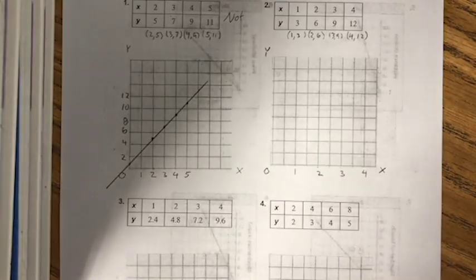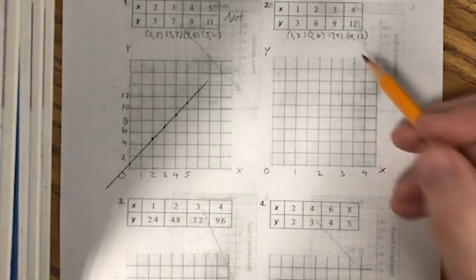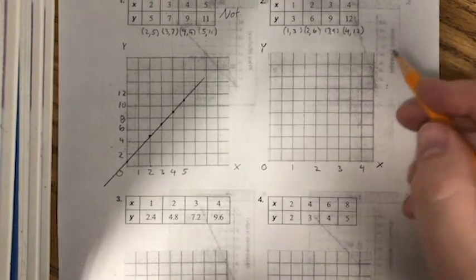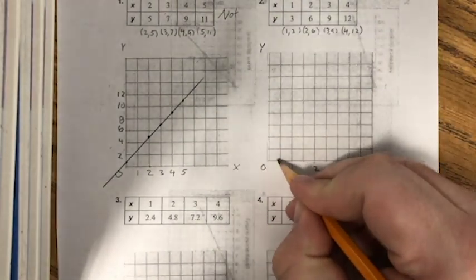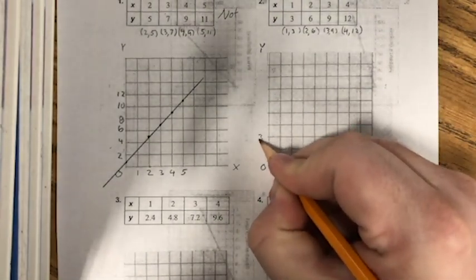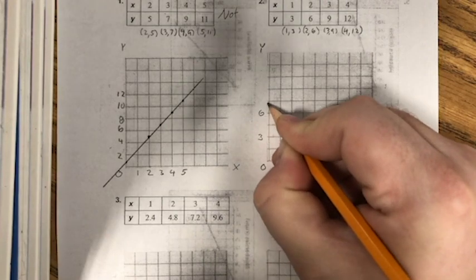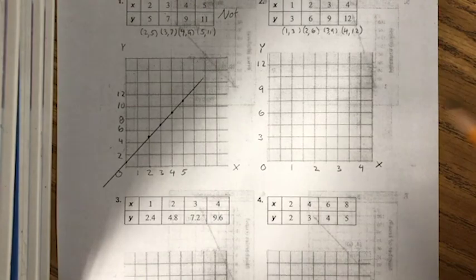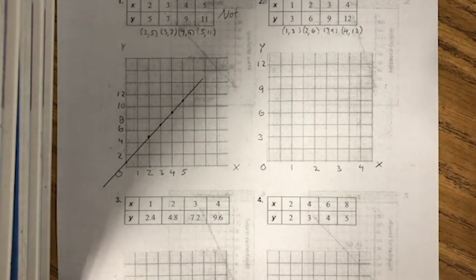So good, yeah, I can count like that. That way I can make my graph a little bit bigger. And it looks like I'm counting by 3s on my y, so let's do the same thing. This time I'm going to skip a line, put 3, skip a line, put 6, skip a line, put 9, skip a line, put 12. Cool. So I've got a bigger graph this time I can work with.